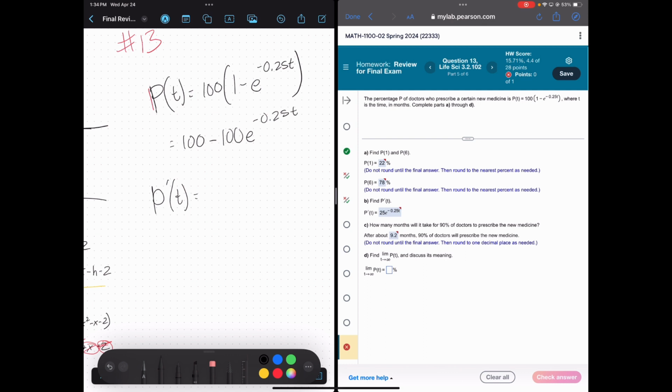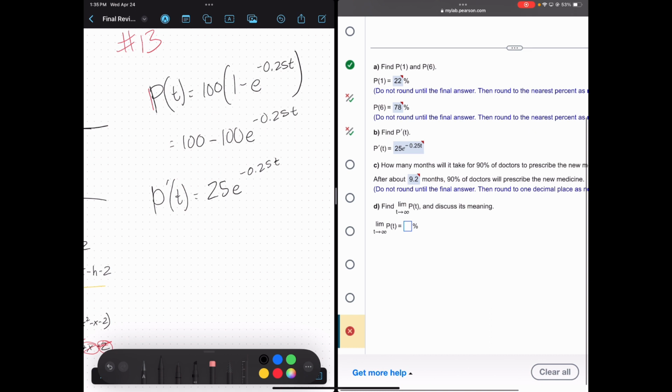Bring it down and multiply. Right. So I'm going to have negative 100 times negative 0.25. That just gives me positive 25 e to the negative 0.25 t. And with these exponential functions, you leave everything else the same, right? Everything else stays the same. E to the negative 0.25 t. There's my derivative.